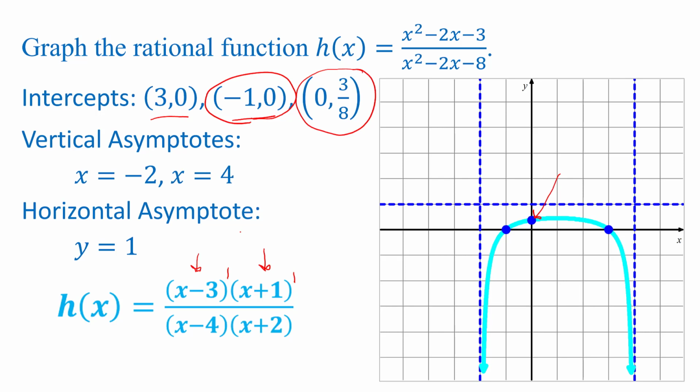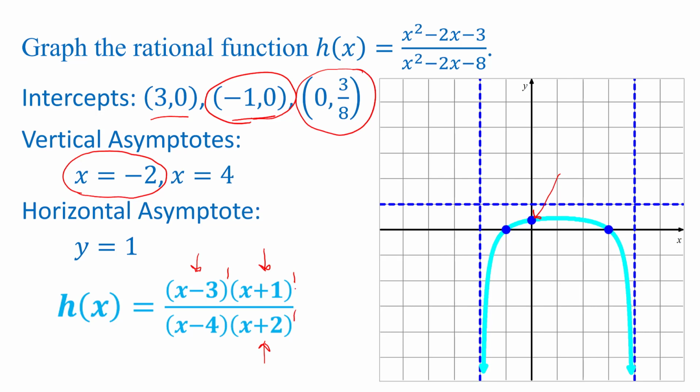Well, what's happening to the left of x equals negative 2? Let's concentrate on the asymptote x equals negative 2 for a moment. Where did I get that vertical asymptote from? It came from the factor x plus 2 in the denominator, which is raised to an odd power of 1.